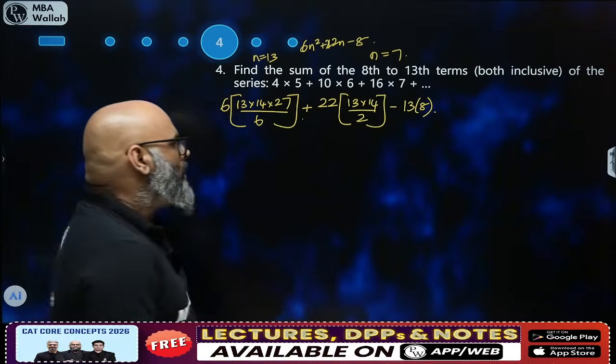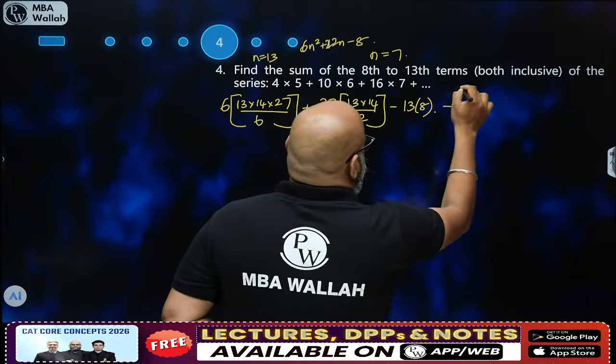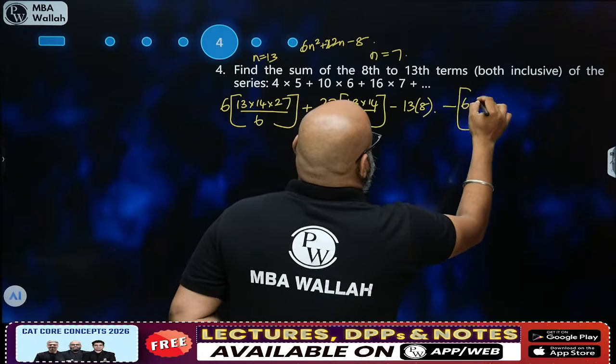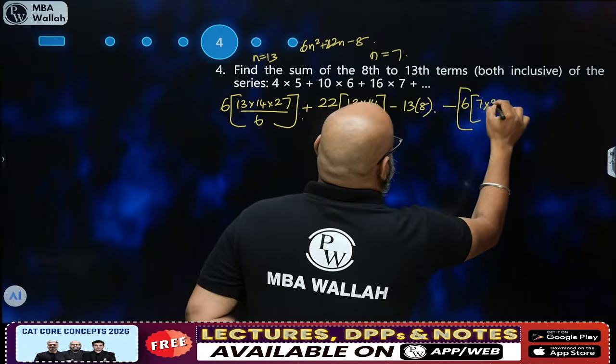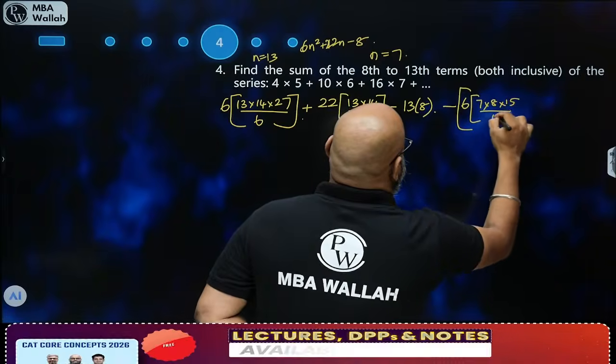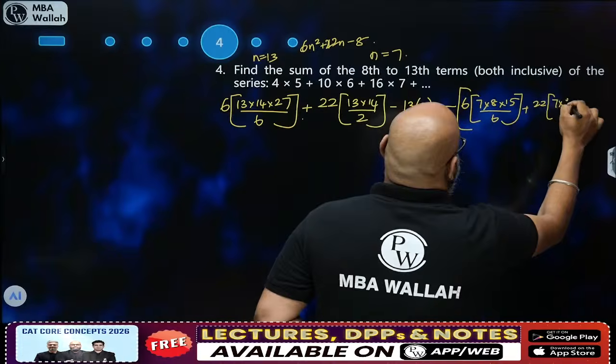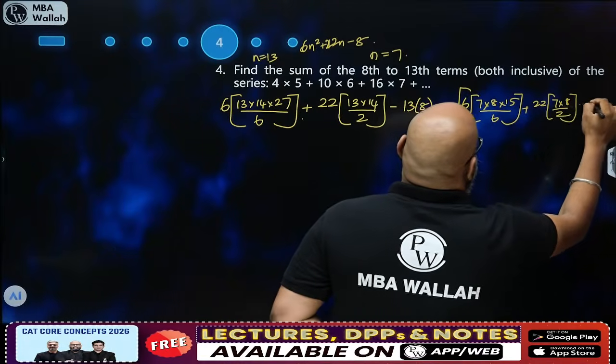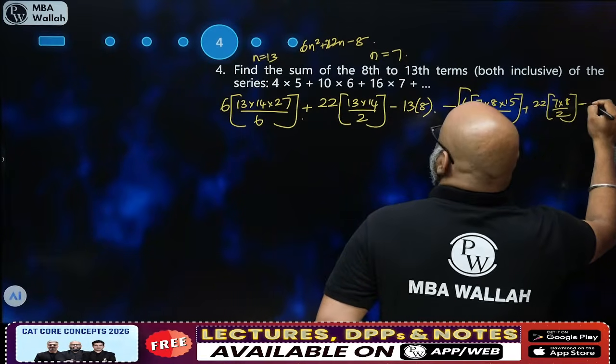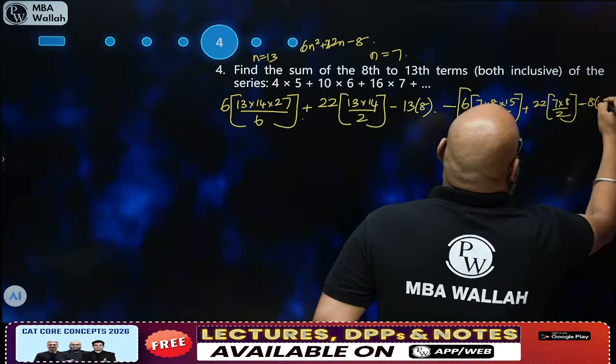This will be one part. We will be subtracting 6 into summation of 7 into 8 into 15 by 6 plus 22 times of 7 into 8 by 2 minus 8 times of 7.